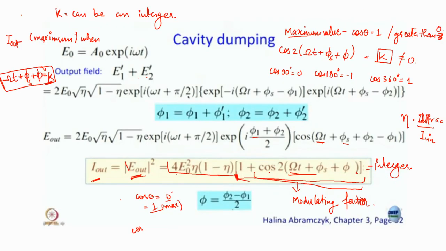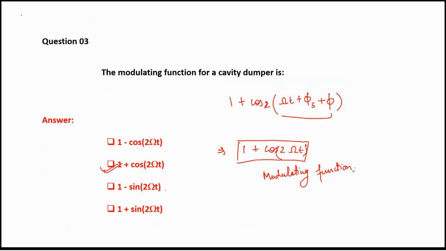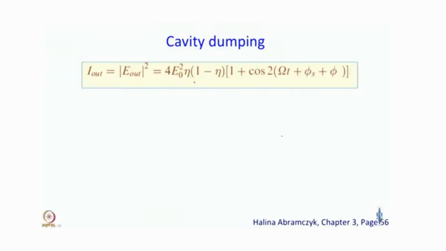This was an MCQ and the other one was an MSQ. We also studied this as the process of cavity dumping. The third question was the phase modulating function for a cavity dumper. From this equation itself we could say that this particular thing is the phase modulating function.